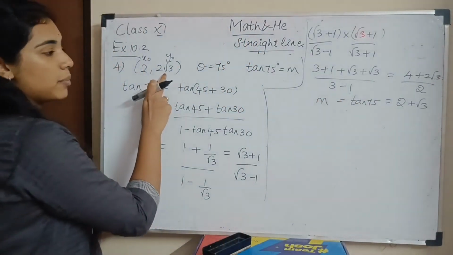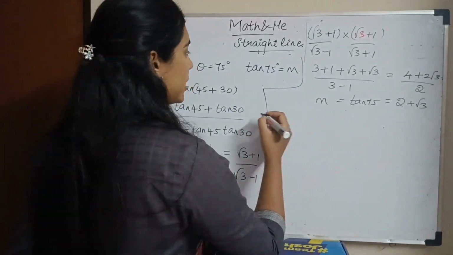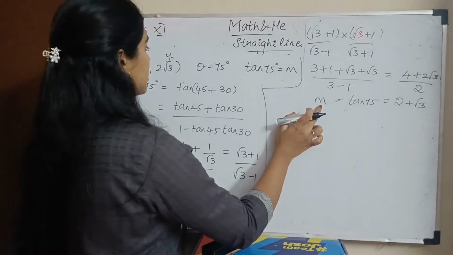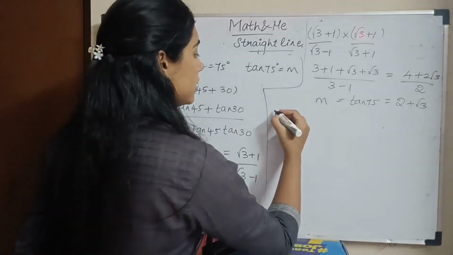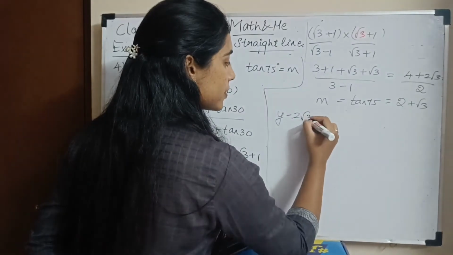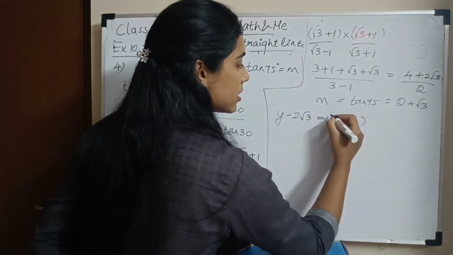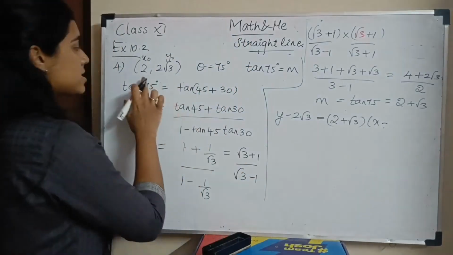Now I have a point and a slope. So according to the point-slope form, y minus y naught equals slope times (x minus x naught).